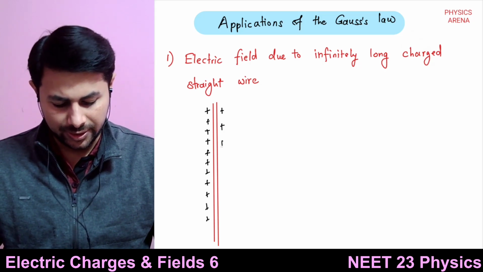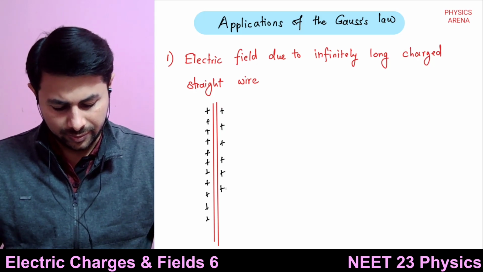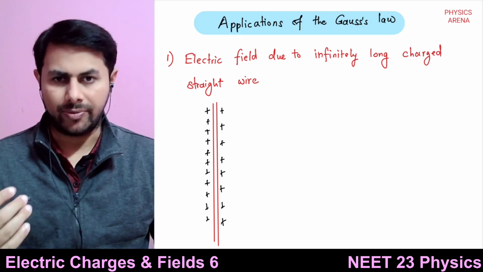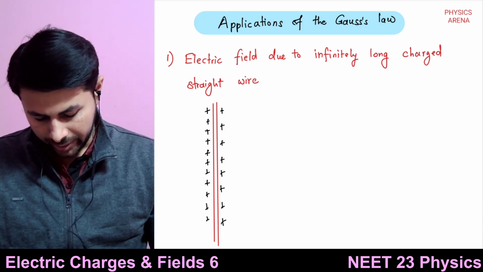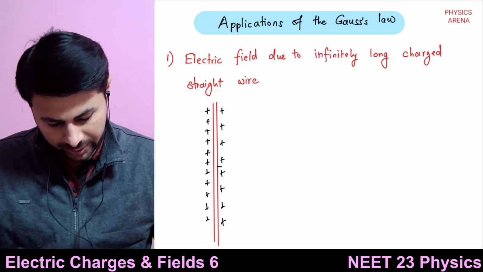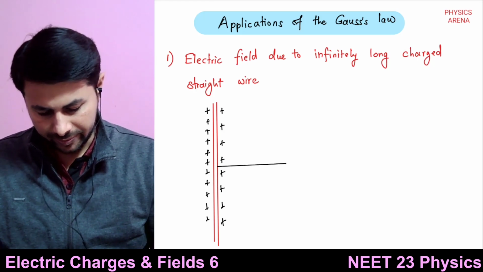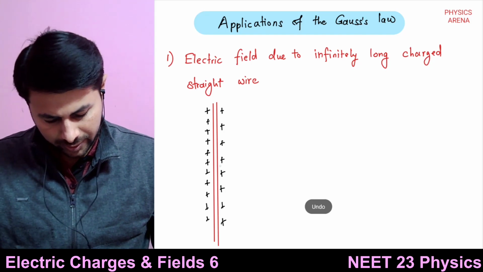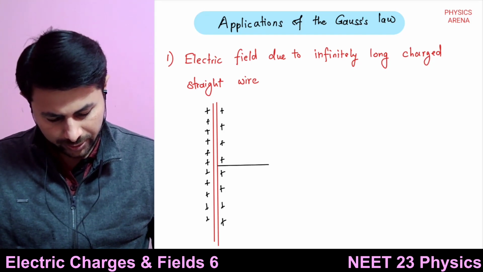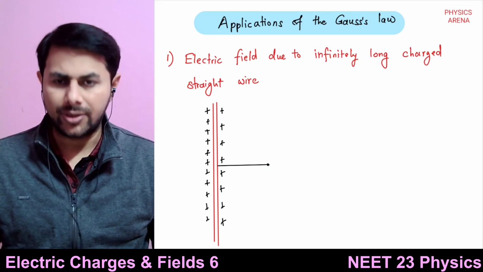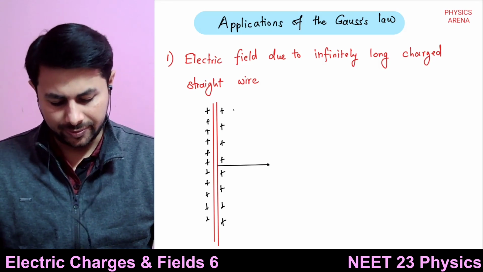And we want to find out its electric field at some perpendicular distance, let's call it small r, away from it. Suppose this is the point where I want to find out the electric field due to this charged wire.